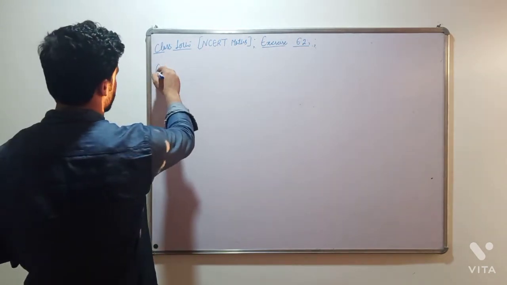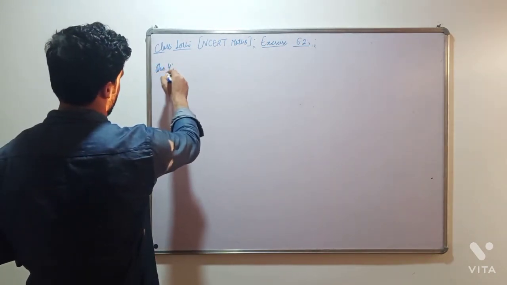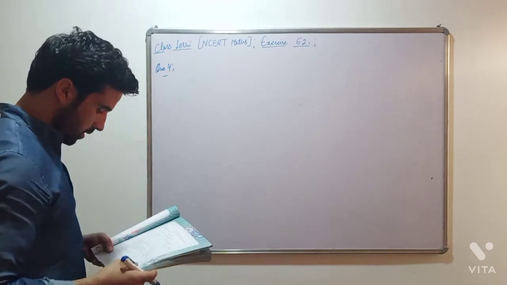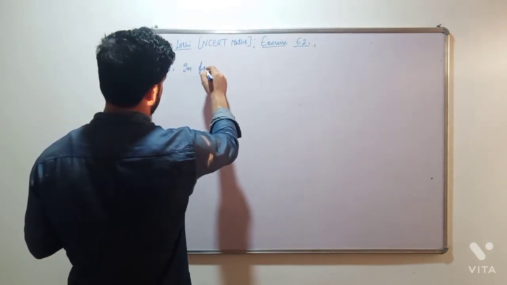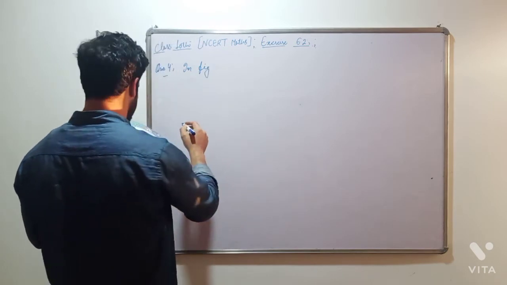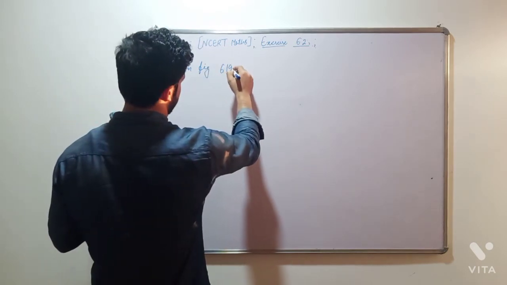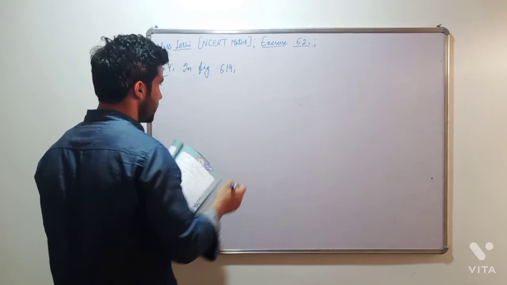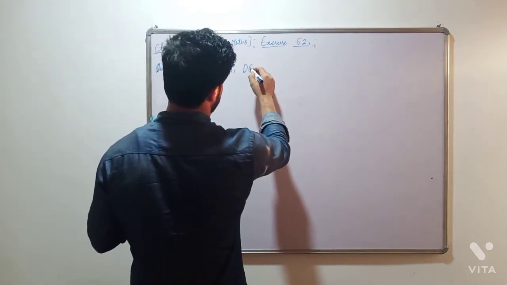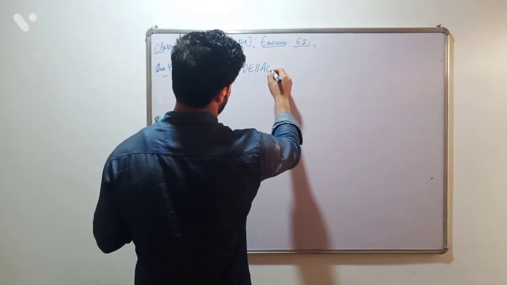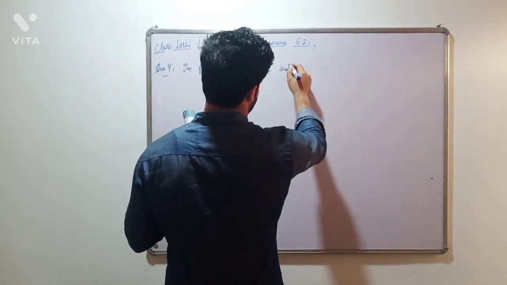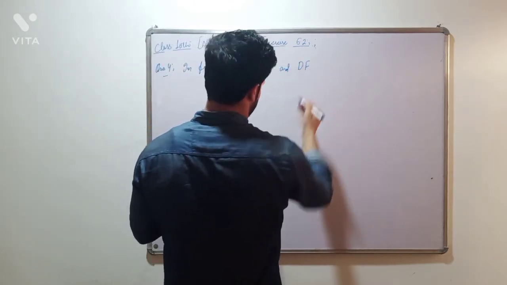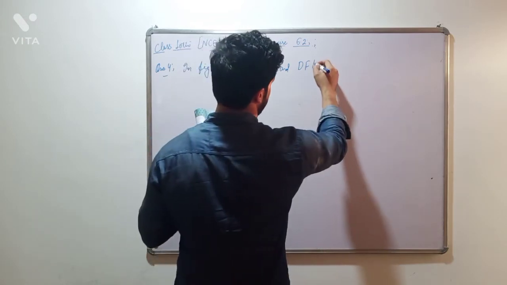Now see Question Number 4. It is in Figure 6.19. DE is parallel to AC, and DF is parallel to AE.